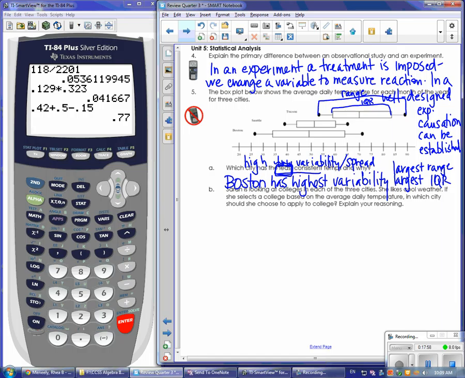It's changing the most. Okay, in letter B it says Sarah is looking at colleges in each of the 3 cities. She likes cool weather, and cool weather would correspond to low temperatures. If she selects a college based on the average daily temperature, in which city should she choose to apply to college? Explain your reasoning. So if she likes the cooler temperatures, that means she's going to like lower temperatures. And if we're looking at averages, it would be most beneficial probably to look at the median. And again, Boston has the lowest median.